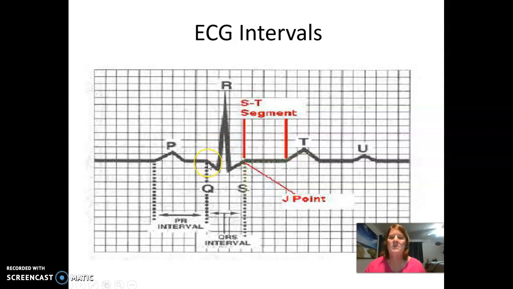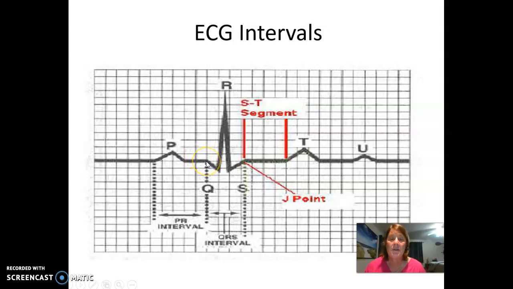The next interval measurement we look at is the QRS interval. So remember, our QRS tells us ventricular depolarization, and depolarization is the impulse traveling through the ventricles, causing that chemical and electrical process to happen so it can spread that impulse through the ventricles.